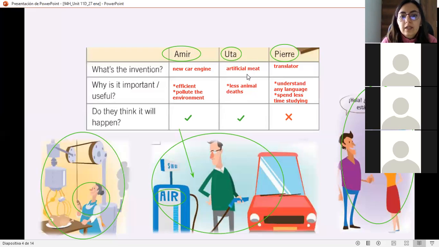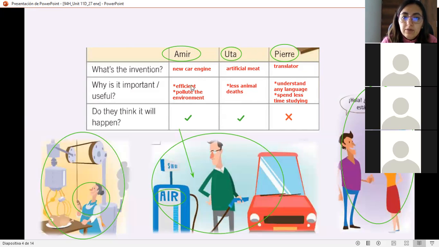En inventarse este traductor. But now, if we are honest, this translator is already created. Chinese people are very good at creating artificial products or food.